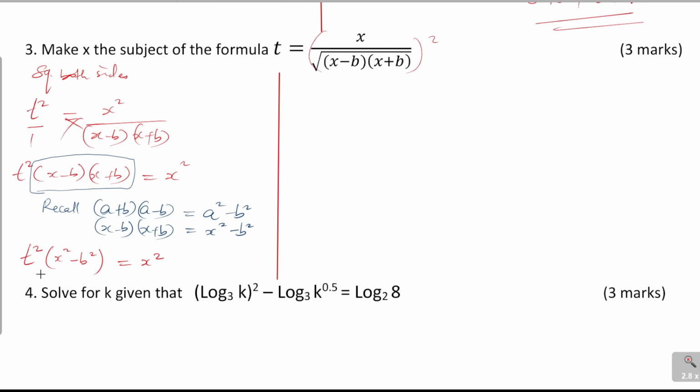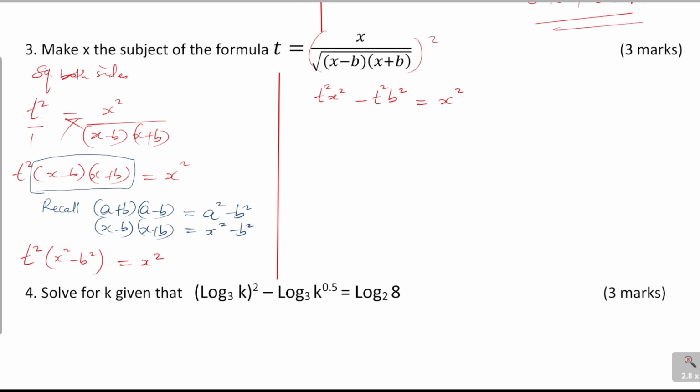On the left hand side, open the bracket, multiplying everything inside the bracket by t squared. So t squared multiplied by x squared gives t squared x squared, then t squared multiplied by b squared gives t squared b squared, is equal to x squared. Once you have that, you can group the terms with x squared together.